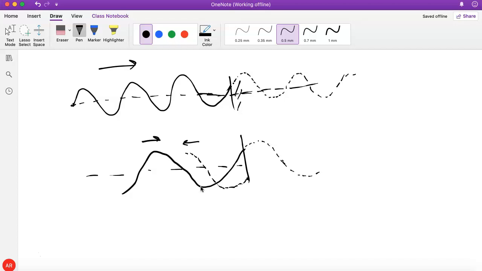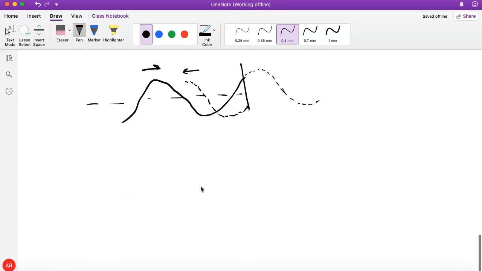Now, it turns out if you find a stable standing wave, you cannot have just any wavelength or any frequency, right? So that's a consequence of the boundary condition.